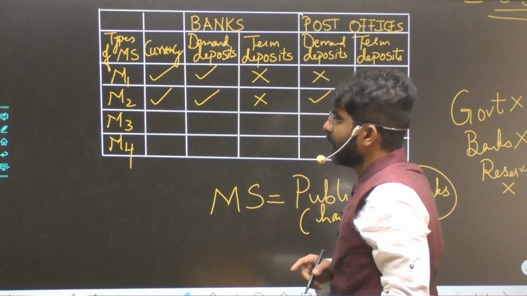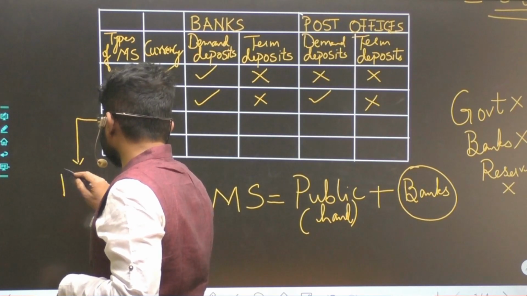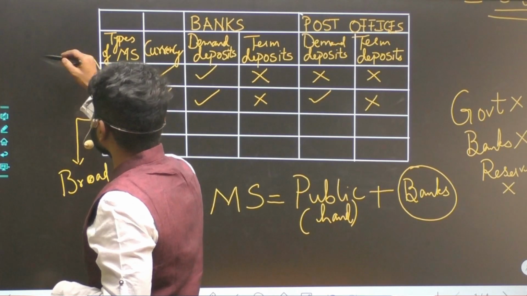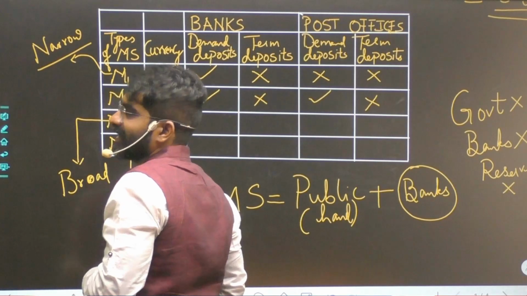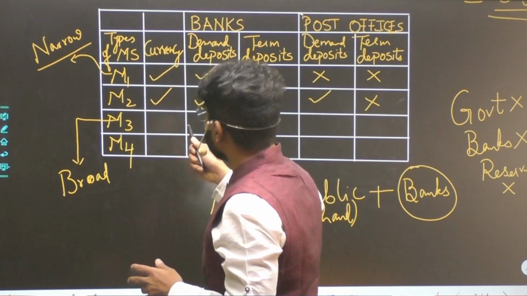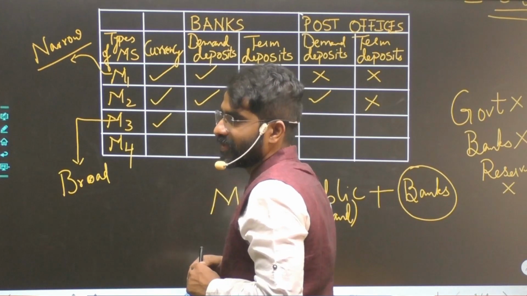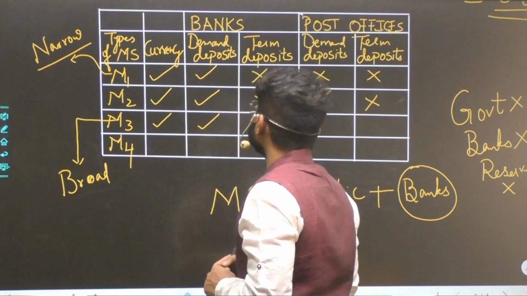It does not include the term deposits with the bank, and it also includes the demand deposits of the post office. Now M3, which is also called the broad money, and M1 is called the narrow money. Narrow is because you are not including everything. Now when I use the word broad here, M3 includes whatever is there in M1, so currency in hand plus demand deposits.